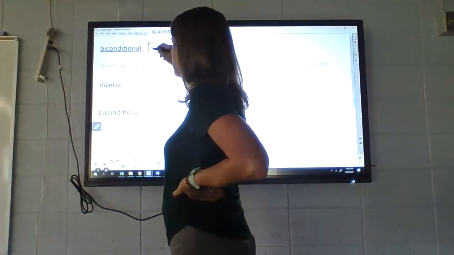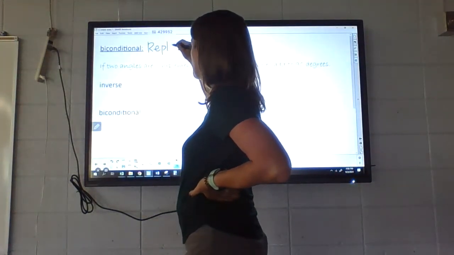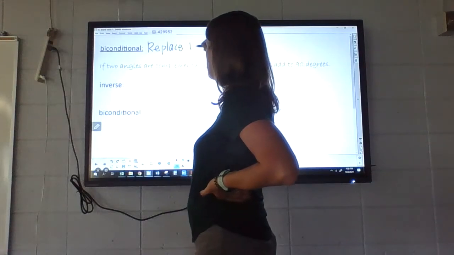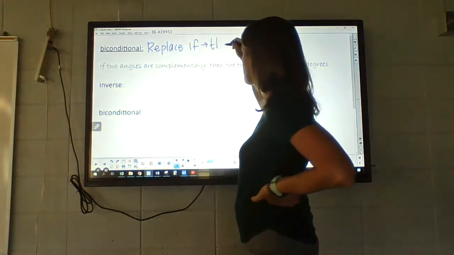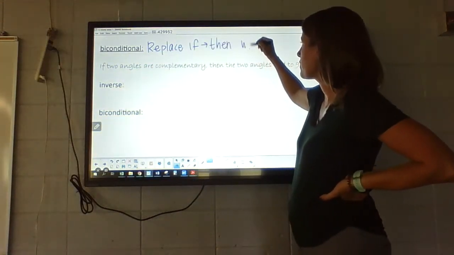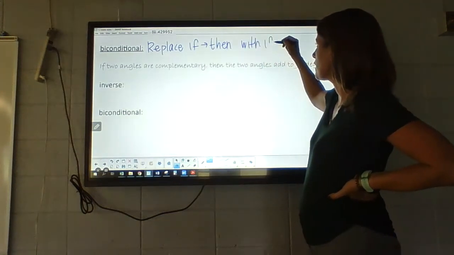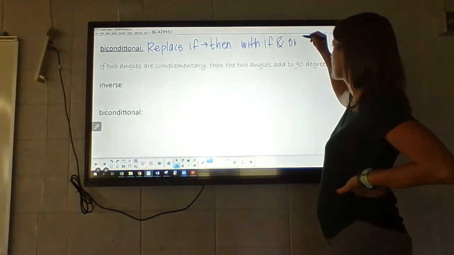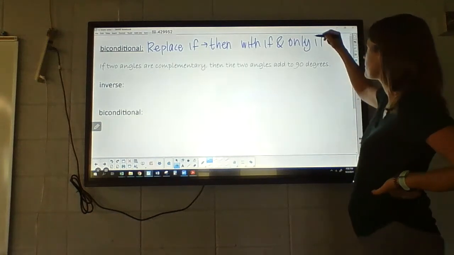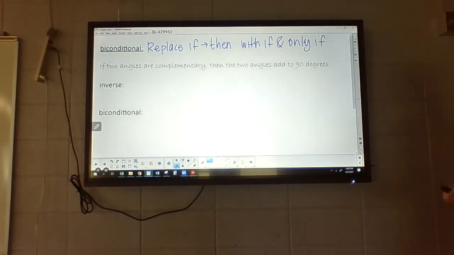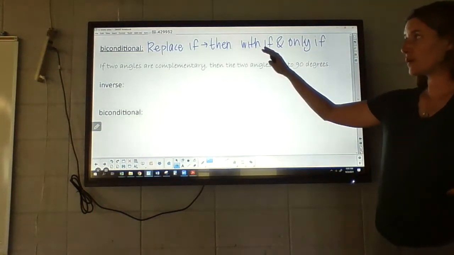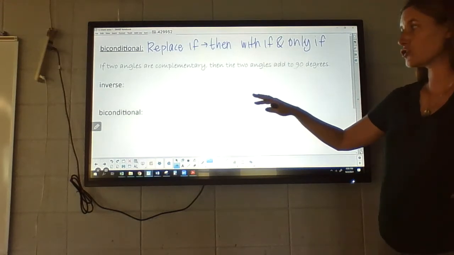So we replace if-then with if and only if. Now this only works if the original statement and the inverse are true.